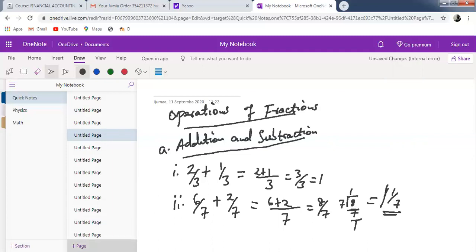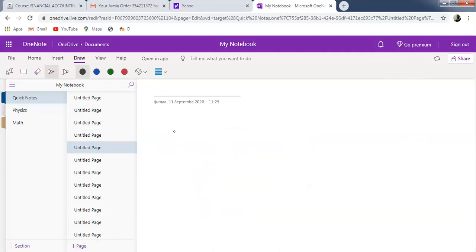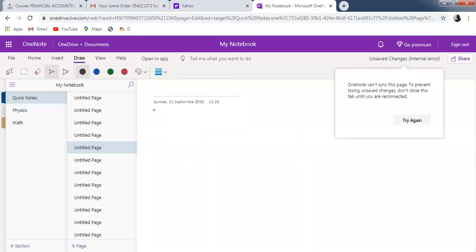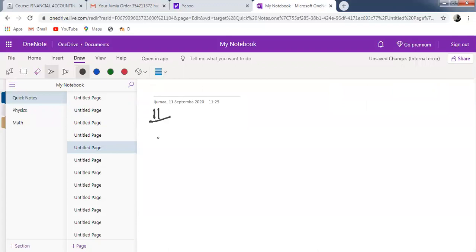You can be given another scenario, maybe it is subtraction, where you are told it is 11 over 15 minus 4 over 15. You will realize that the LCM of 15 and 15 is actually 15.